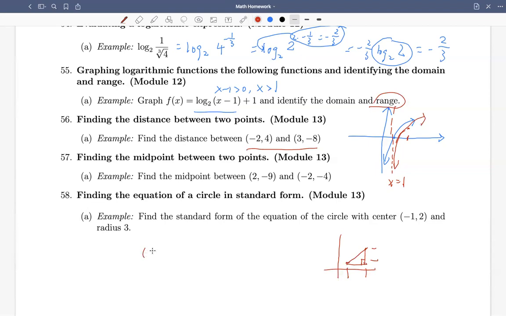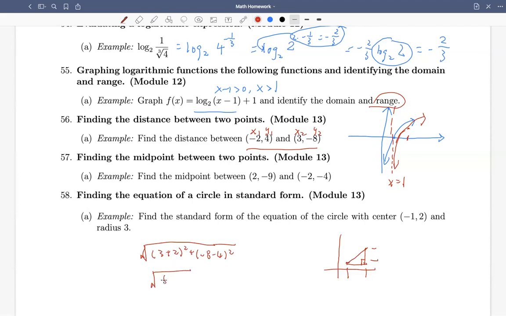So for distance, we have a square root. Let's call this first point x1, y1. Let's call this x2, y2. So the distance formula is: find the difference in the x component, 3 minus negative 2 becomes 3 plus 2, squared, plus y2 minus y1, negative 8 minus 4, then squared. Difference in y squared.